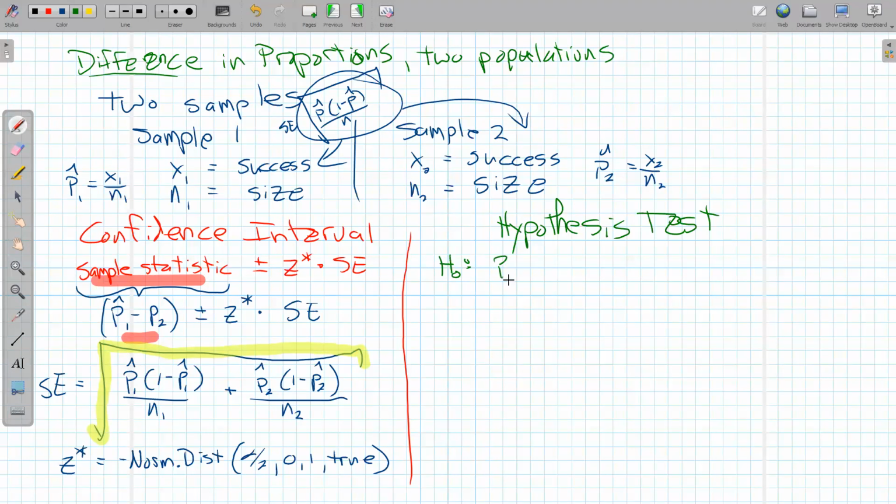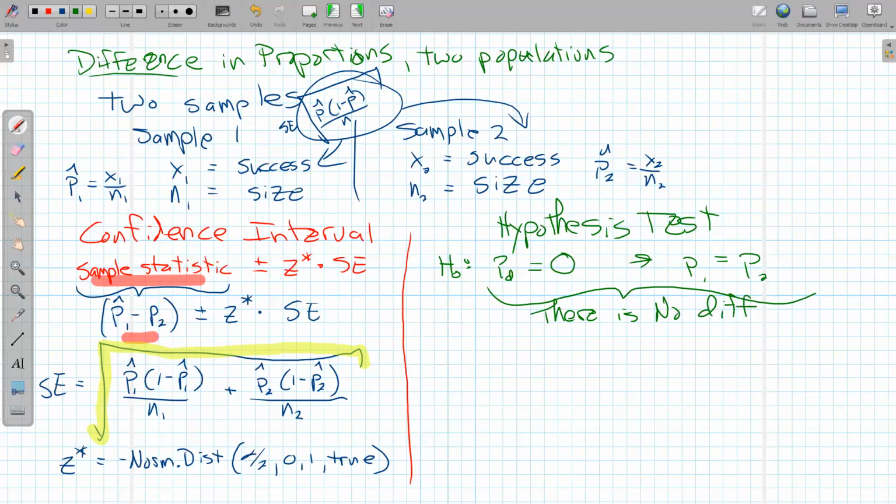The P with a subscript D, that's the difference in proportions. We just say, hey, there's no difference. Difference is 0, no difference. The other way we could state that, which is more common, is we say P1 is the same as P2. Right? And either of these means there is no difference, AKA the same.